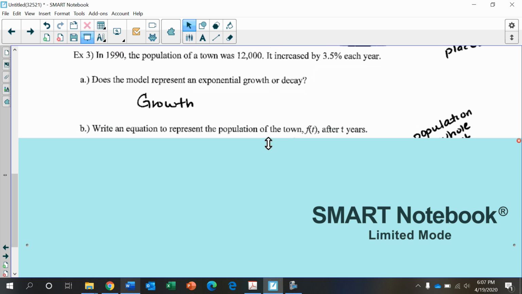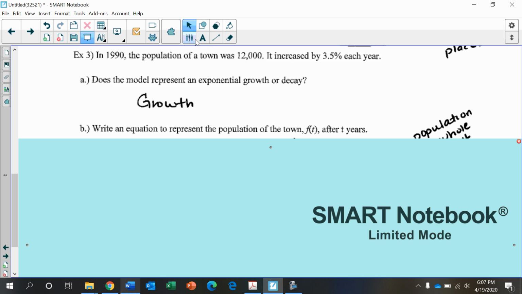Okay, moving on. It says we're just going to write this as an equation. So again, we're back up here in 1990. That's just our starting time. That really doesn't have to do with the amount that we're starting with or the time that's passed since. 12,000 is our starting amount, that's what we care about.